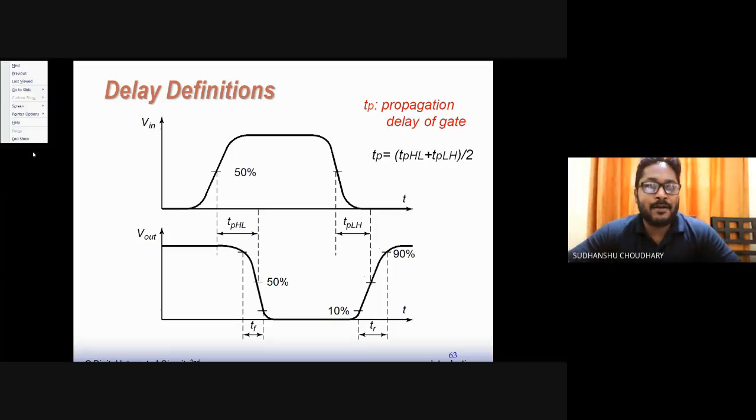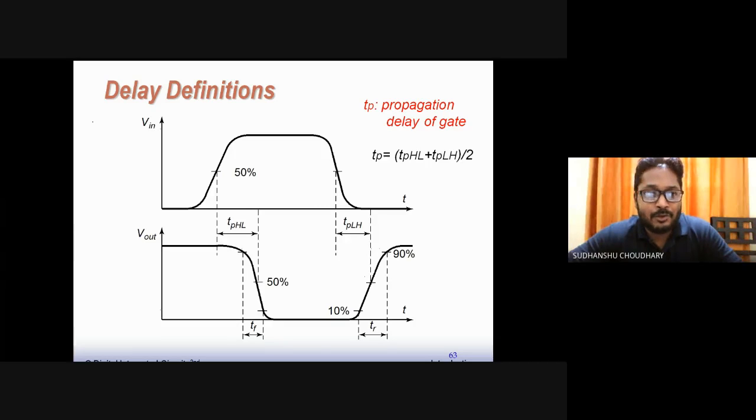Now let us also define the delay, or the propagation delay. The propagation delay of a gate is defined as the total time taken, or the total delay experienced by a circuit when passing an input.